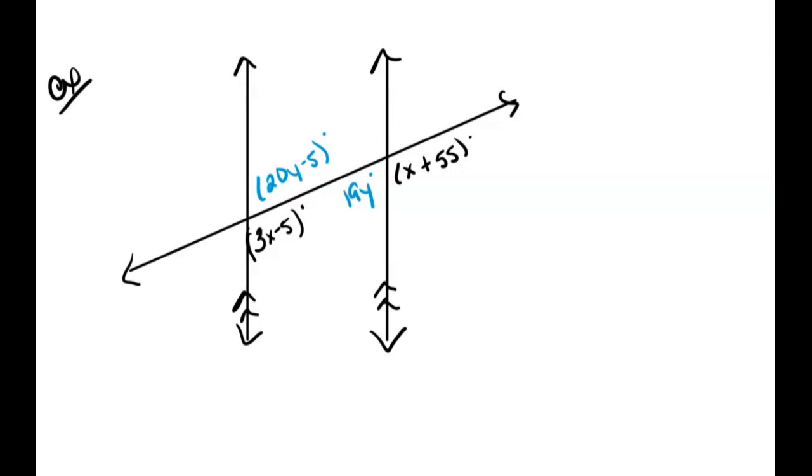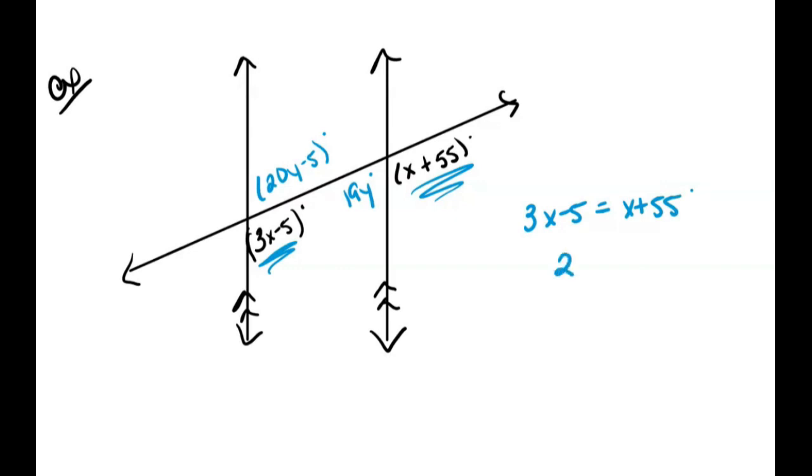Okay, so then now we have to apply our information about angles and solve for x. So notice this angle and this angle are corresponding angles. Corresponding angles are congruent angles. So we can set them equal to each other to solve for x, and then solve for the measure of the angle if we need to.